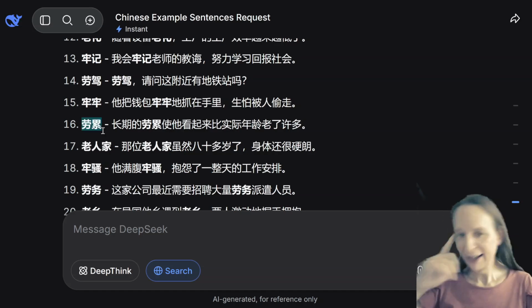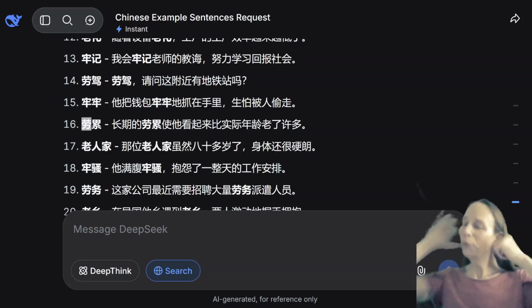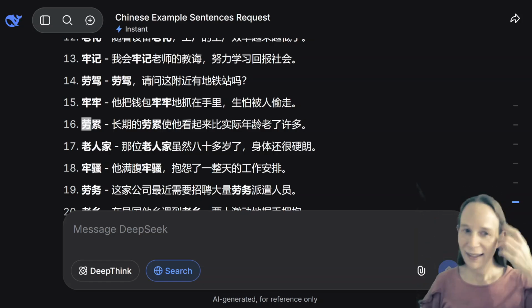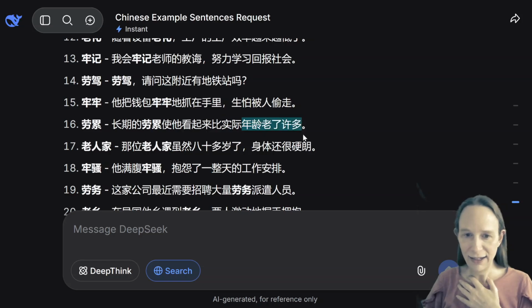劳累. Or is it 劳累? I don't know off the top of my head. 劳 pertains to labor or work that is labor-like. Yeah, 累, probably 累, tired from labor. 长期的劳累使他看起来比实际年龄老了许多.